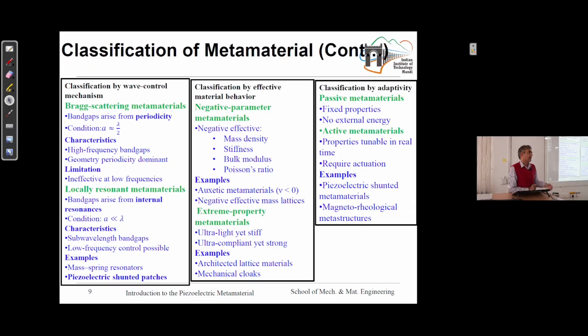Of course, I am saying this statement in a hype sense, but this is my understanding, because the future demands properties of the structure or the system that can be designed according to our requirement. But if those properties are not possible in natural materials, we have to design, or we have to use the metamaterial.